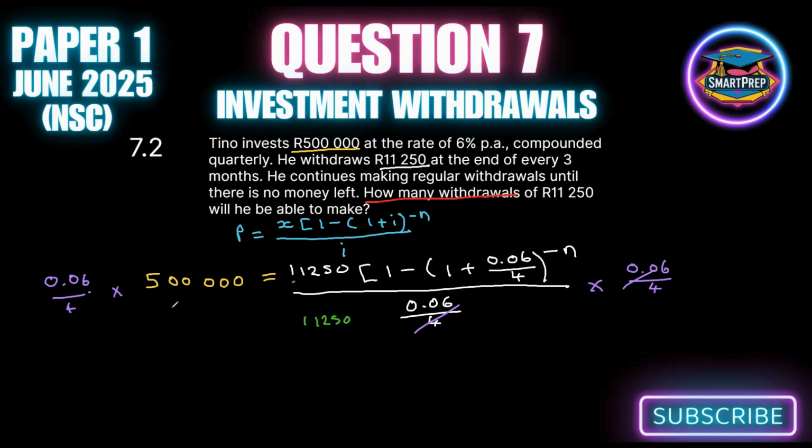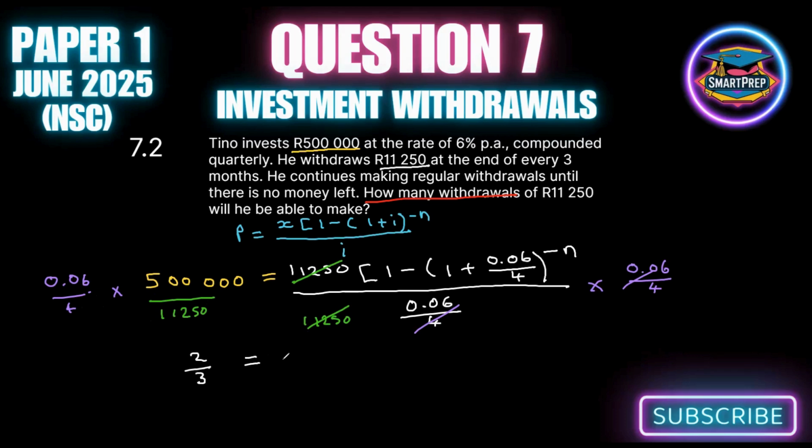The 11,250s cancel. And then what I'm left with is just 1 minus (1 plus 0.06 over 4) to the power of negative n equals this value here when I put all this together. And when I put all this together, I get a nice value of 2 over 3.